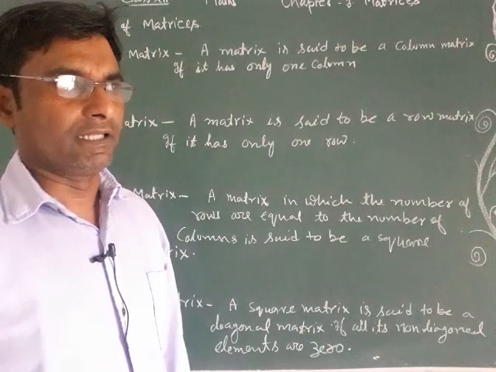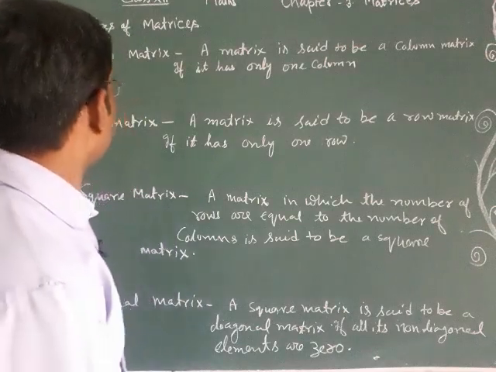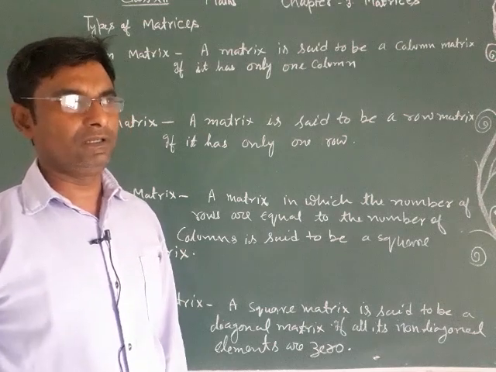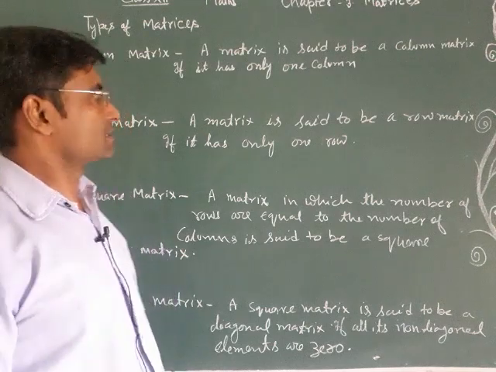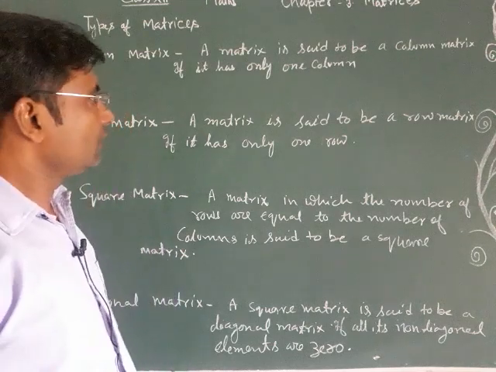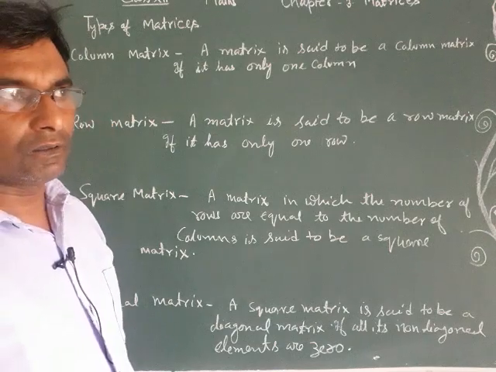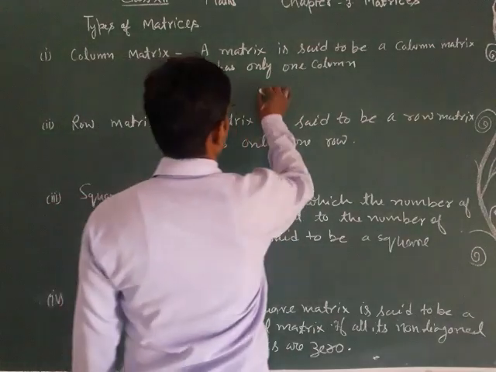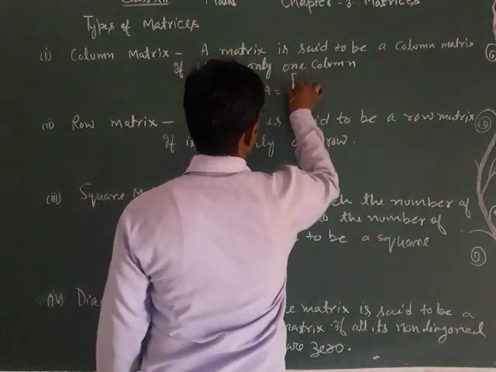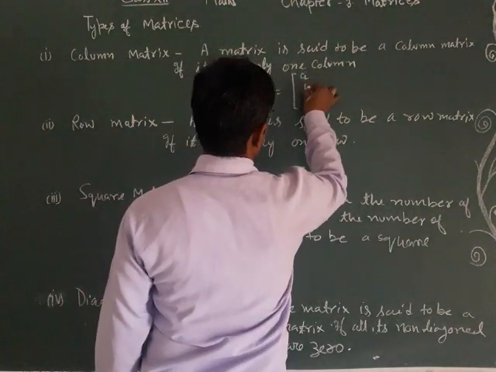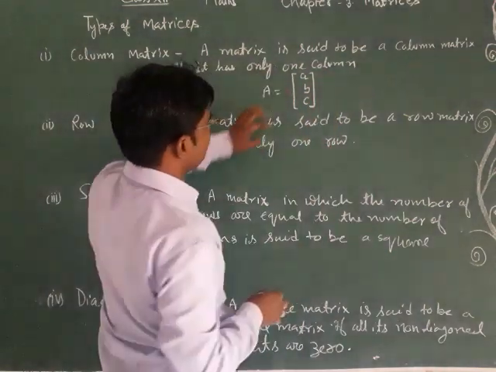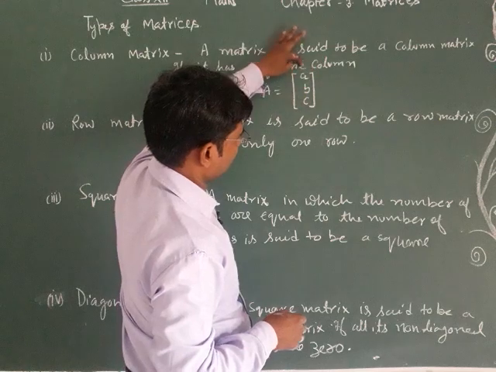Types of matrix. First, column matrix. A matrix is said to be a column matrix if it has only one column. For example, A is a matrix with elements a, b, c. This is one column.